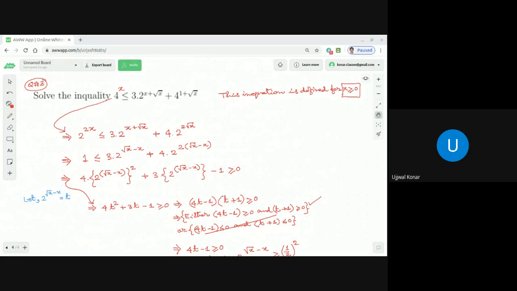Solve the inequality: 2 to the power x plus 2, minus 2 to the power x plus 3, minus 2 to the power x plus 4, is greater than 5 to the power x plus 1, minus 5 to the power x plus 2.